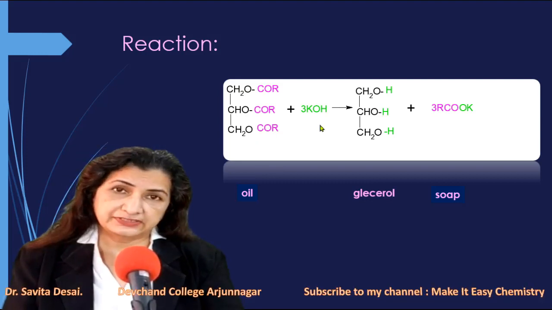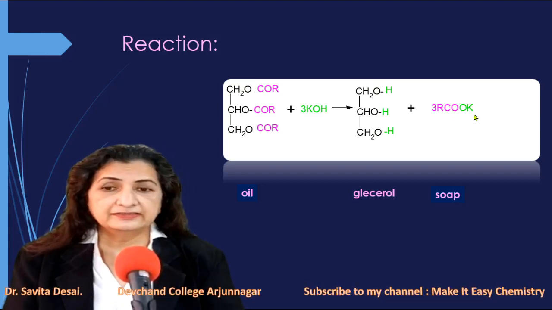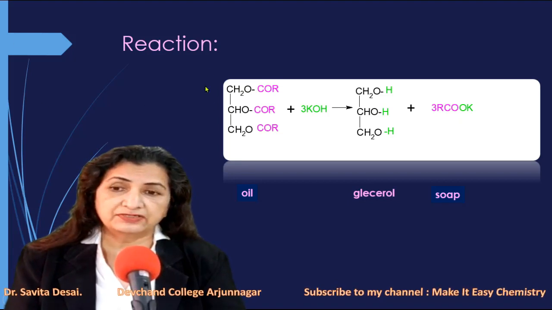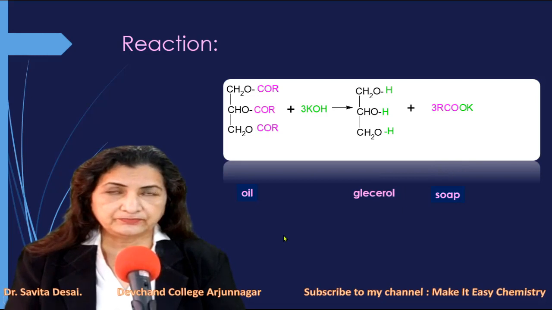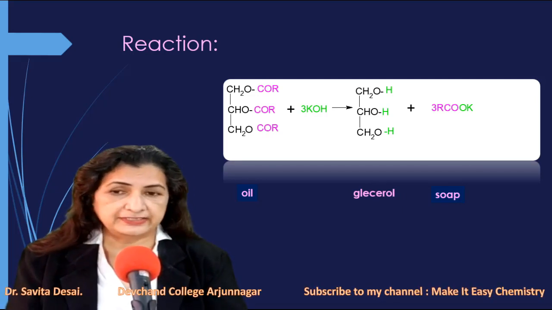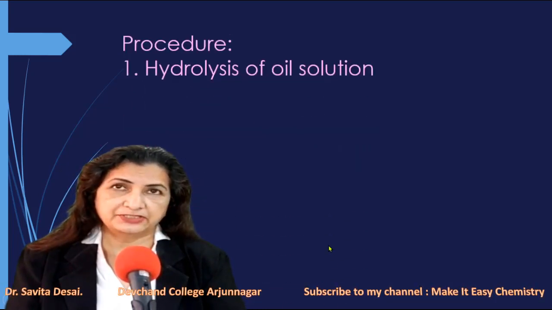Hydrolysis takes place, and there is a formation of glycerol and the potassium salts of the fatty acids which are involved in the oil. So this is the saponification reaction, formation of the potassium salt of the fatty acids. This reaction is involved in this particular estimation.